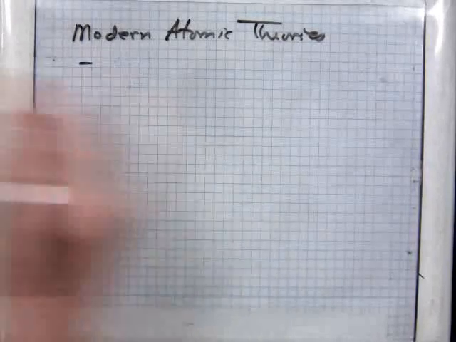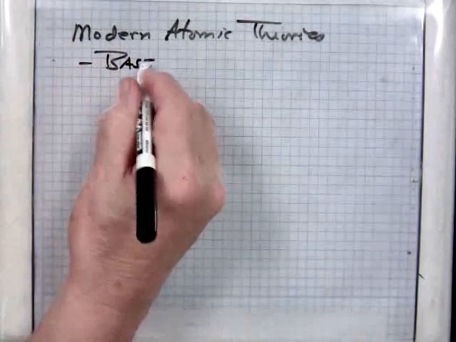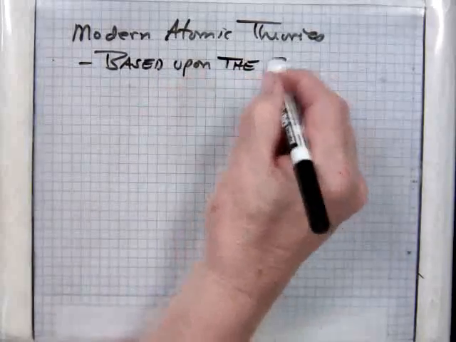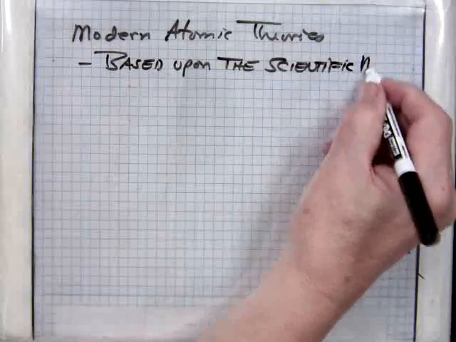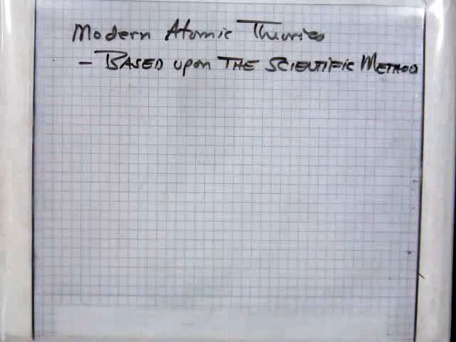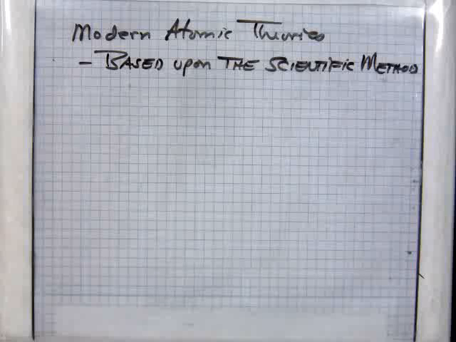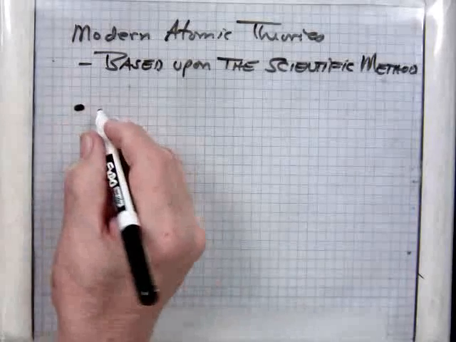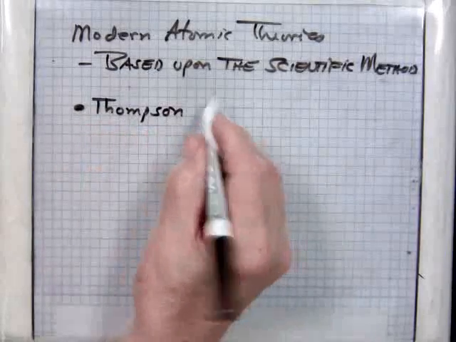These are significant because they're based on the scientific method. And the modern theories that evolved over the last couple of centuries are included. One, the Thompson plum pudding model.